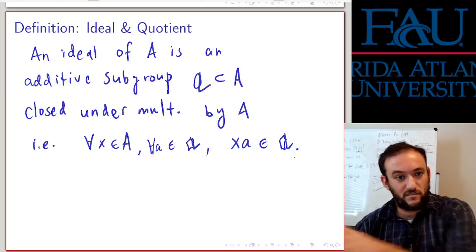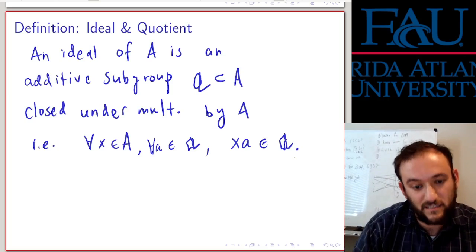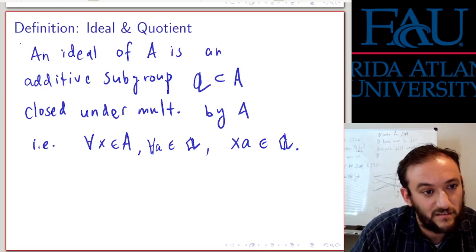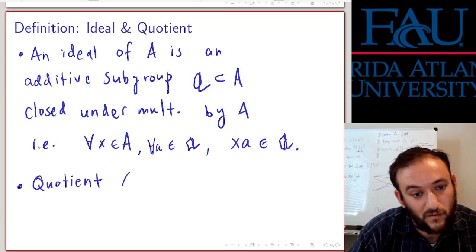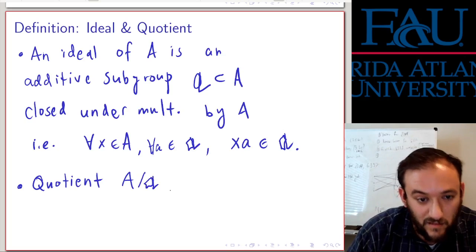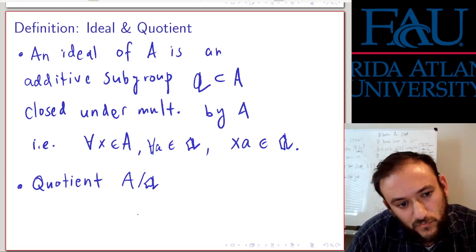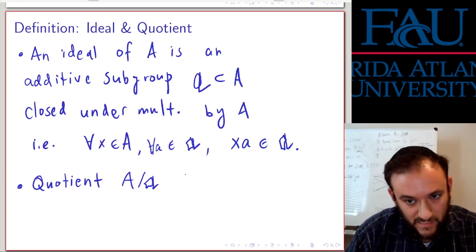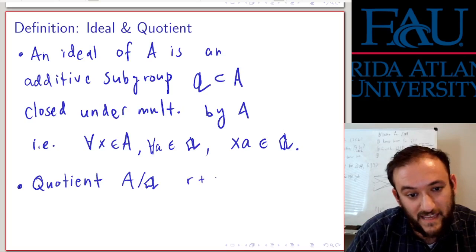As for a quotient, if you have an ideal 𝔞, the quotient A mod 𝔞 is given by the set of r plus 𝔞.